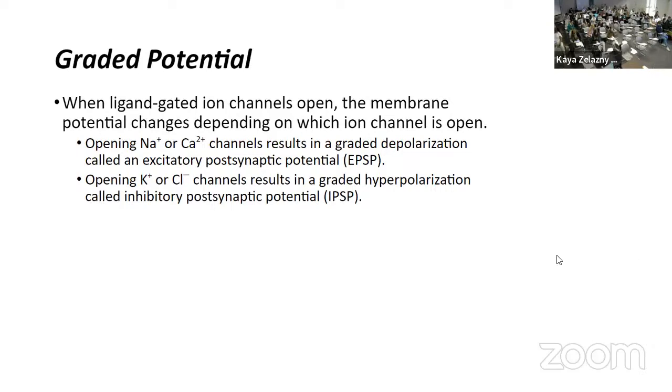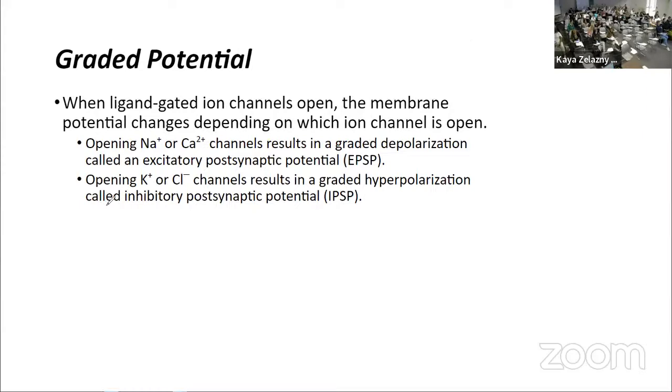So we are now going to call that, when we're focusing specifically on that postsynaptic neuron, right? We're going to call it excitatory, because we're more likely to get to threshold and fire off an action potential. Postsynaptic, because we're talking about that postsynaptic neuron. So that neuron after the synapse that's receiving our signal is the postsynaptic neuron. Okay. And it's a potential because it is a change in charge. So it's related to our membrane potential.